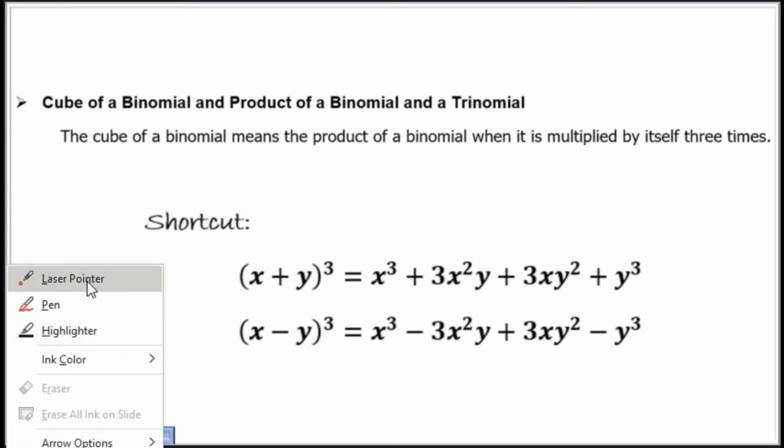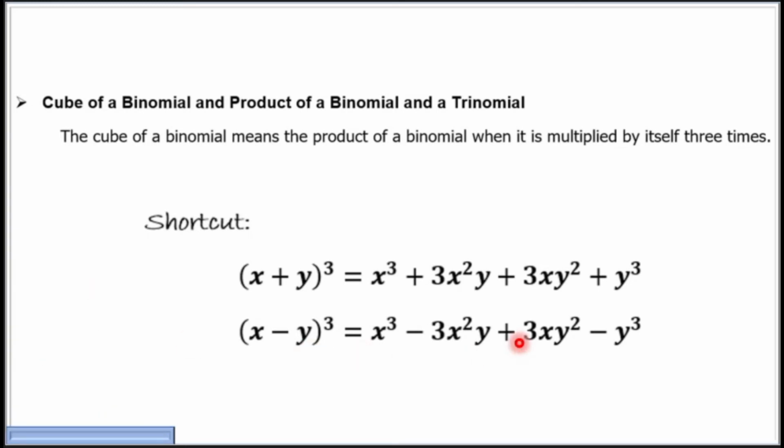Next is multiply the first and the second term. x times y is xy. Same again. Square the first term. Positive times negative is negative, of course, times 3. Then next, x times y is equal to xy.